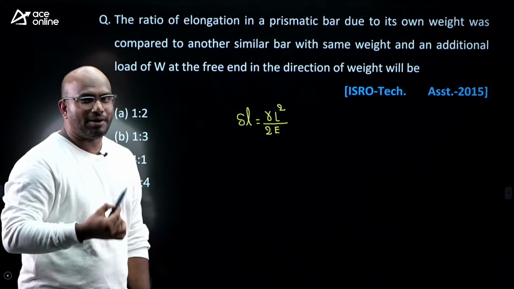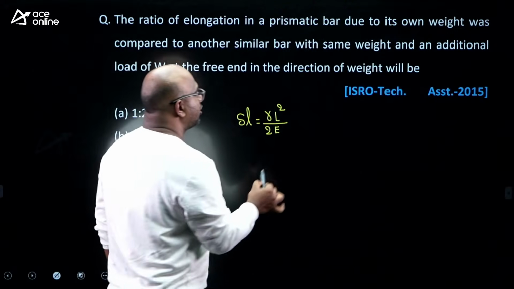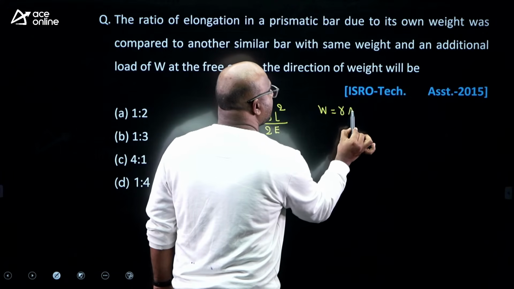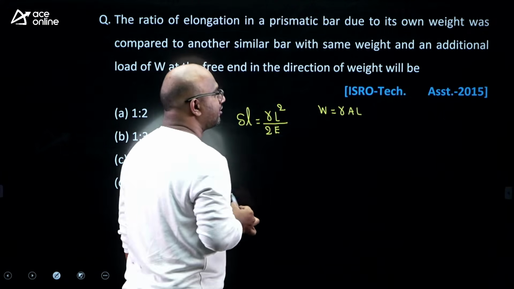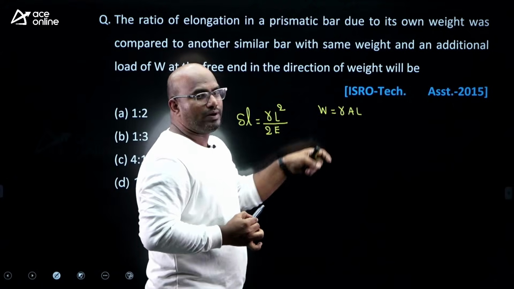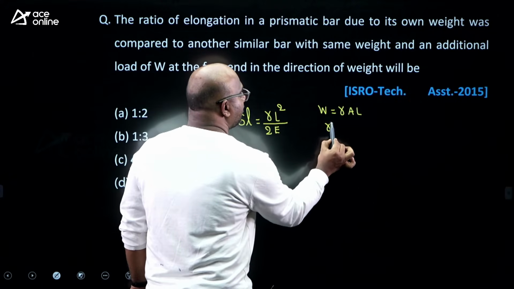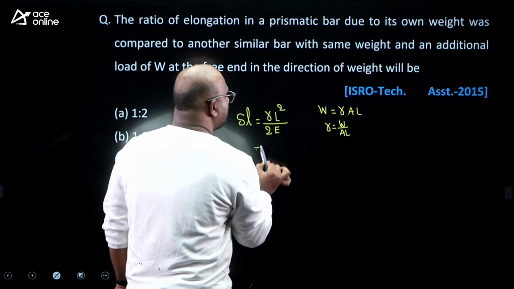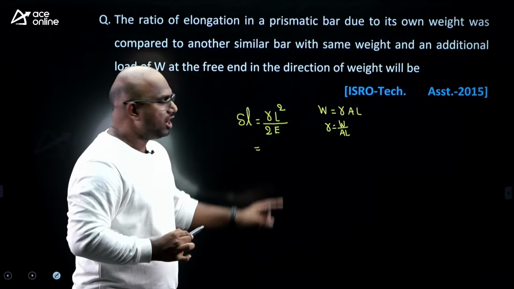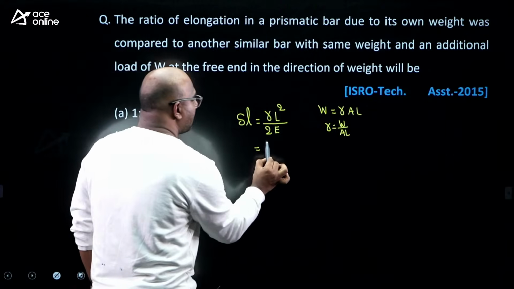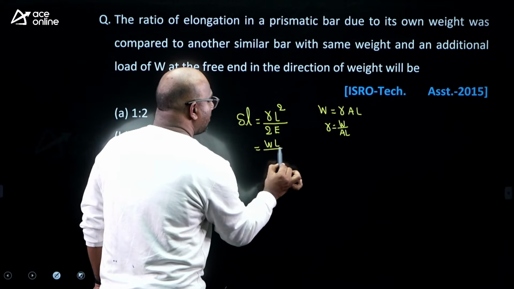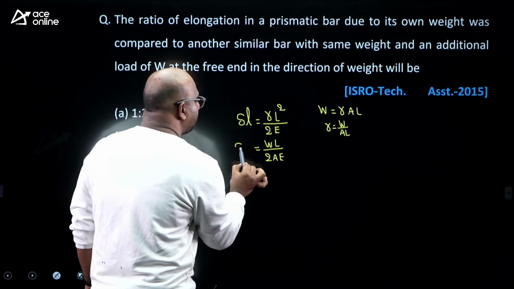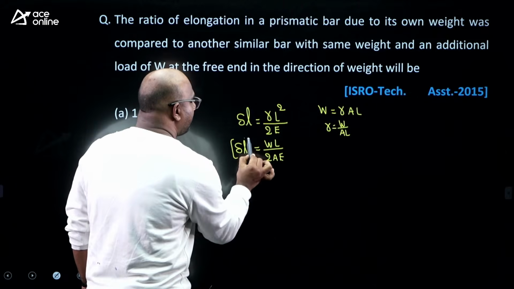But for own weight, weight equals gamma times area multiplied by length L. So gamma equals W by AL. Substituting gamma equals W by AL, one L gets cancelled, and I get WL by 2AE. This is for self weight.